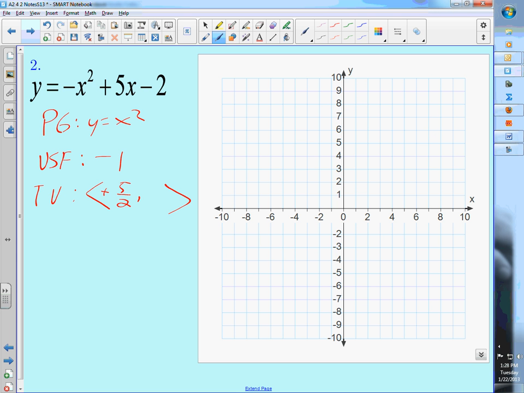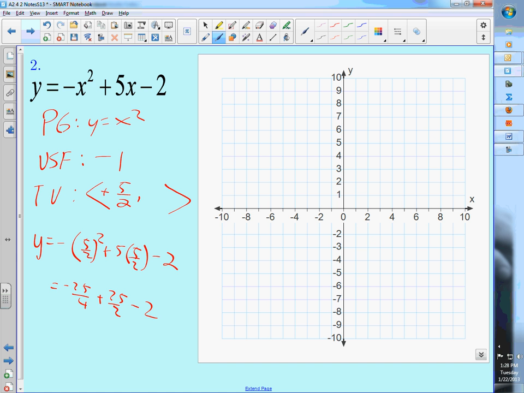How are we going to find out what the y coordinate of the translation vector is? Plug it into your equation. So you're going to have y equals the opposite, 5 over 2 squared, plus 5 times 5 over 2, minus 2. So you're going to end up with a negative 25 over 4, plus 25 over 2, minus 2.